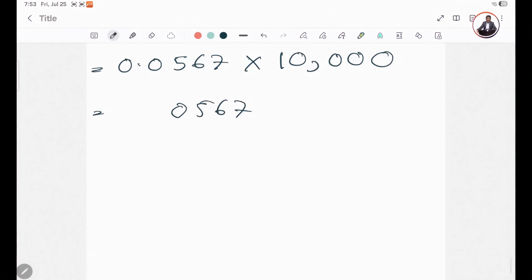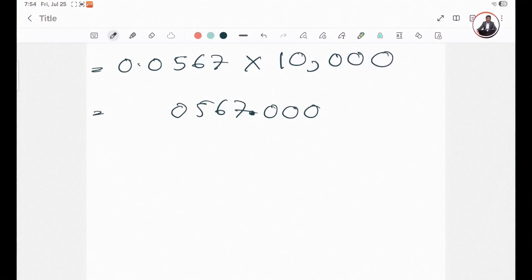So actually you keep the finger here and the dot is here, right? And then always remember this is 10,000. How many zeros we have here is 1, 2, 3, 4 zeros. And in the multiplication, we have to send our finger to the right side. So 1, 2, 3, 4, dot. And after that, you can add as many zeros as you want. Right? The answer is 567.